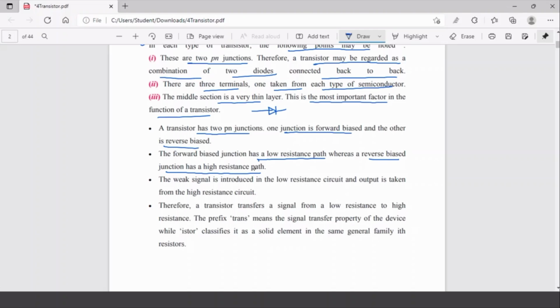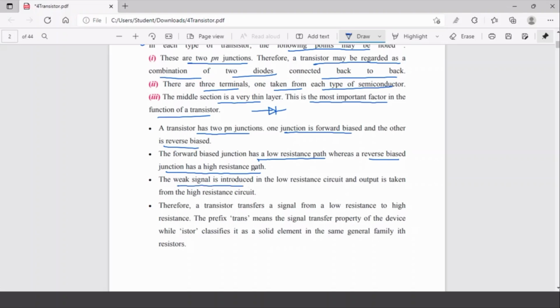Now, what are we generally doing here when we use this device as an amplifier? To amplify something, you have to give a lower signal and get a higher signal at the output. Amplification means that, right? So how do we amplify? We provide a lower signal to the region where it is forward bias, because forward bias will have lower resistance.